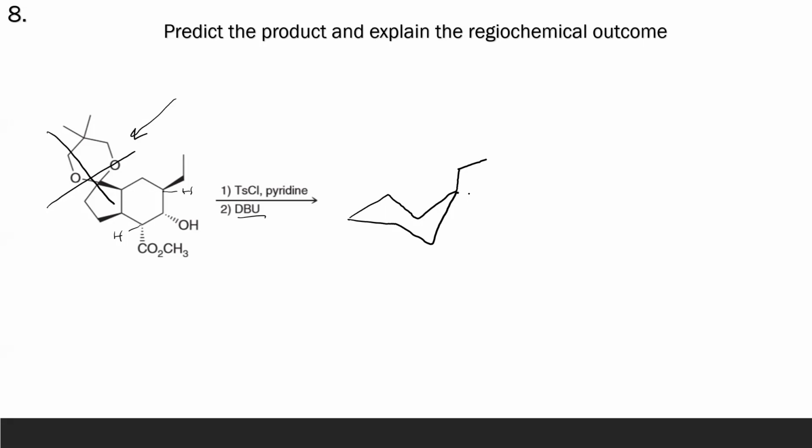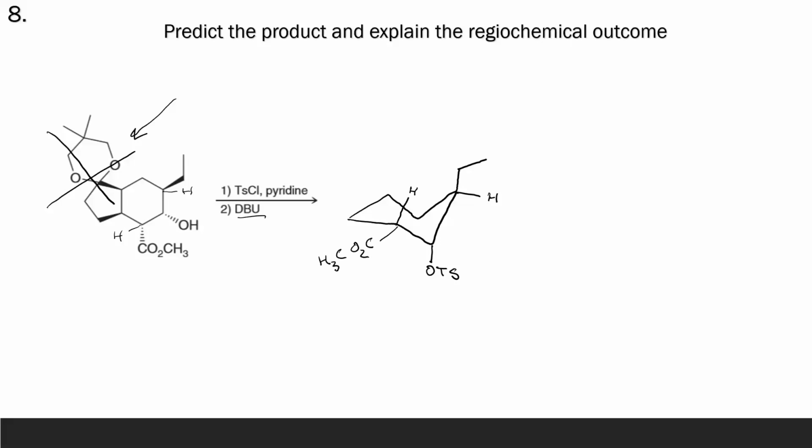I need to draw that. I'm going to draw this guy as OTs, assuming that the tosyl chloride has reacted with the alcohol to produce your tosylate, a good leaving group. Okay.